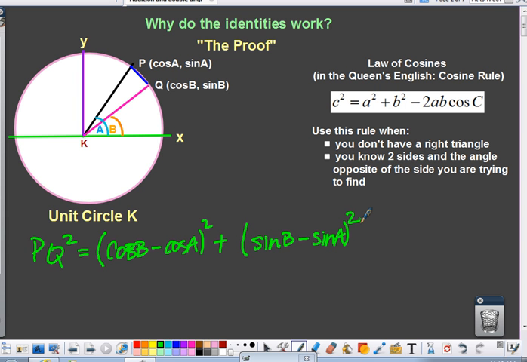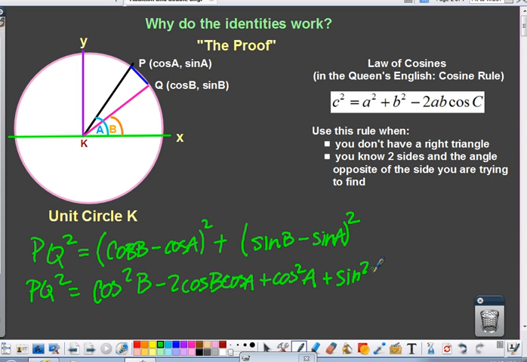And then in class we simplified this even more to look something like this. Okay, so here I just expanded out both binomials by squaring them.